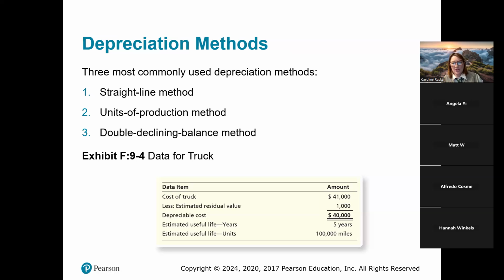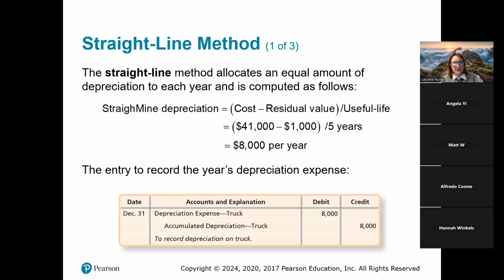So we have to depreciate $40,000 over the useful life of this truck, which is 5 years. And then its estimated usage is going to be 100,000 miles. So we'll have it for 5 years or 100,000 miles.